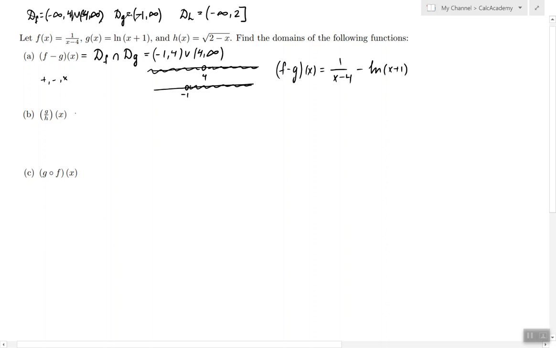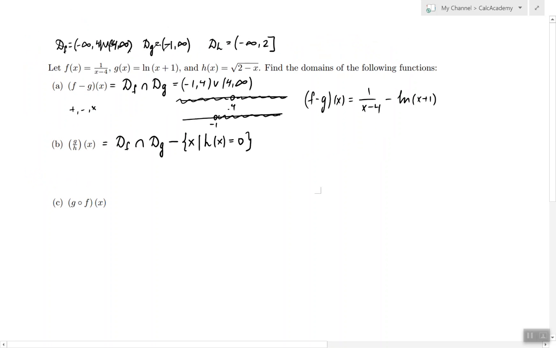Now, when it comes to finding the domain of a quotient, we have to remember that the values still have to be in the domain of each function, but in addition, we have to exclude all the values that make the denominator equal to 0.